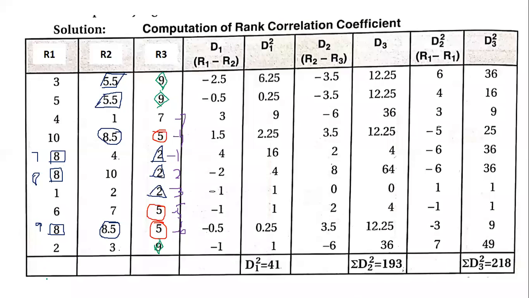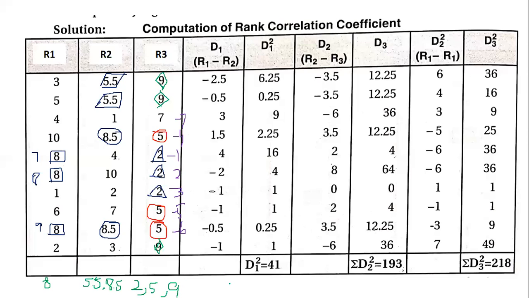You have 8 being repeated here, and you have 5.5 and 8.5 repeated, and then you have 2, 5, 9 being repeated here. So 1, 2, 3, 4, 5, 6 repetitions are there in this problem.